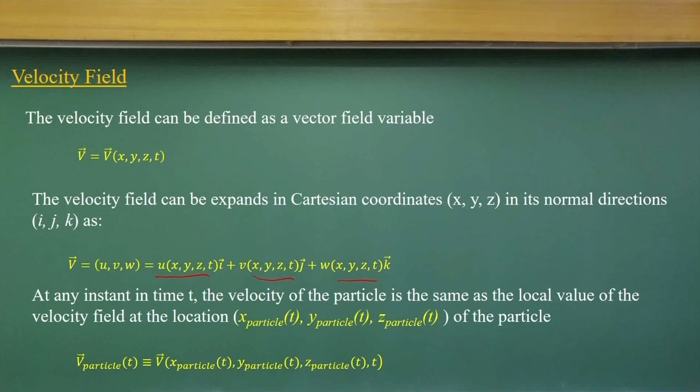These are the velocity component in the x direction, the velocity component in the y direction and in the z direction, which are functions of position and time. This is the velocity field we have described. Either you can get it from CFD solvers or from very advanced fluid mechanics measurement facilities.